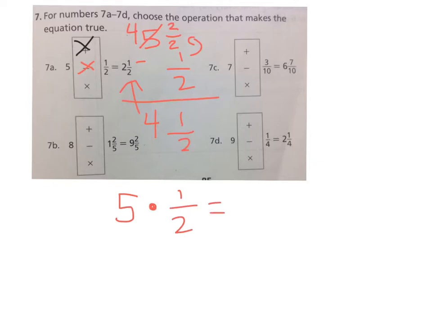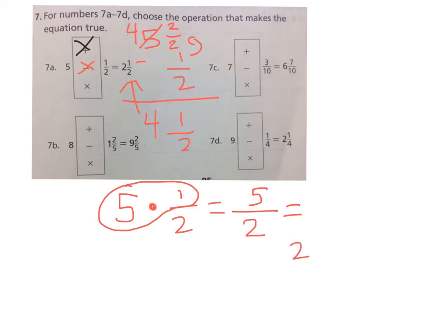Since I know that for multiplication I multiply the whole number into the numerator, I get 5 times 1 is 5 over the denominator, which is 2. Since I could simplify this, I can divide 5 divided by 2.